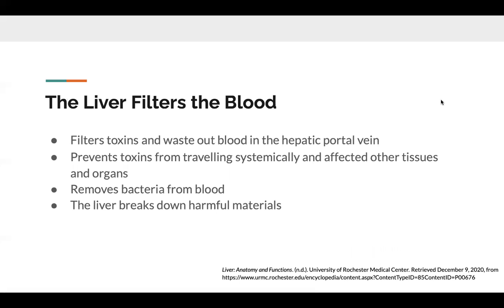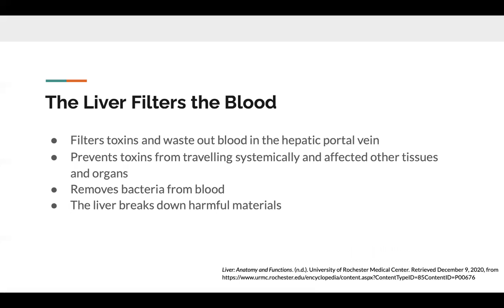As mentioned before, the liver receives nutrient and toxin-rich blood from the hepatic portal vein, which carries blood from capillaries in the GI tract, gallbladder, spleen, and pancreas. By filtering toxins and waste from the blood, the liver prevents these materials from traveling systemically and damaging other tissues and organs like the heart.